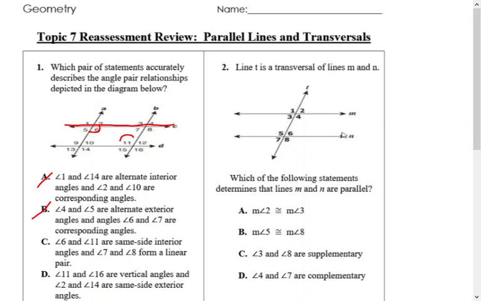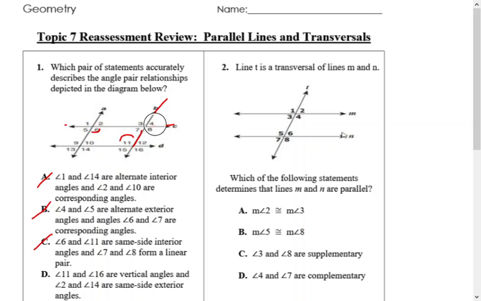If A and B were the parallel lines, that would be the transversal, and 11 is not on it. And if the other lines, C and D, were parallel, then this would be a transversal, and the other angle is not on it. So that's why those are wrong.